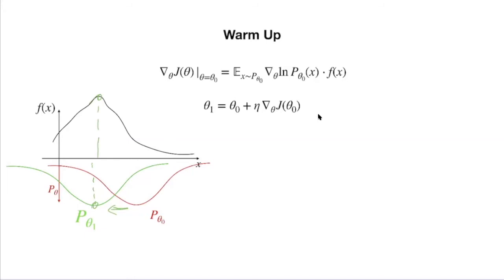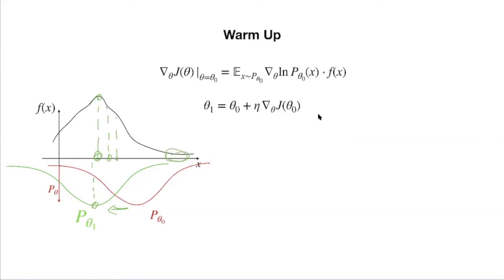In other words, I really want to parameterize the distribution such that it puts a lot of probability on the points where the value f is high. I want to put a lot of probability on these points, and tiny probability on the small value points.